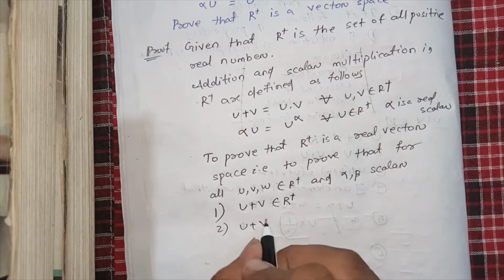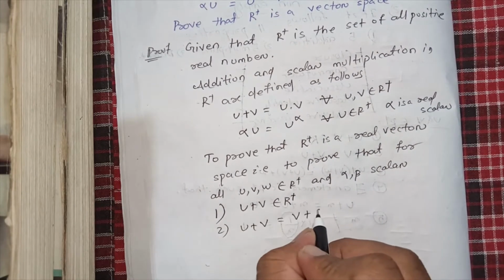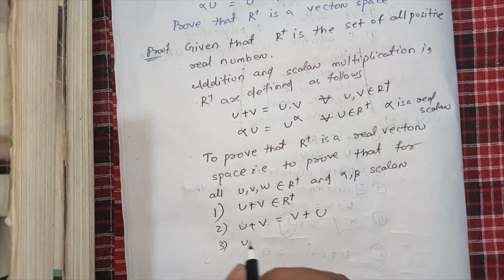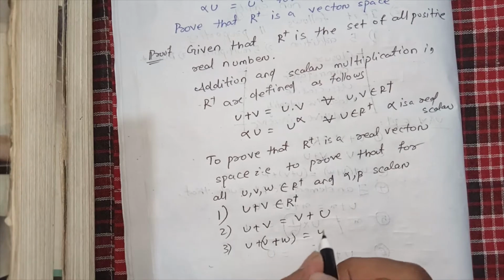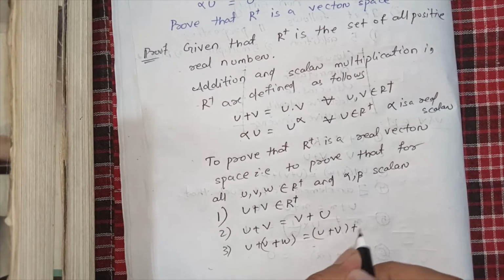The second is that u plus v is equal to v plus u. The third one is that u plus v plus w is equal to u plus v plus w.